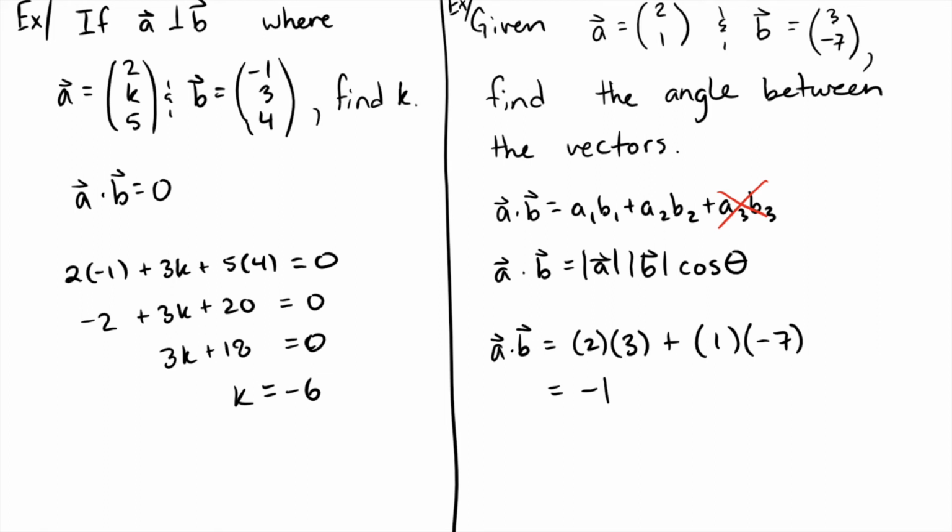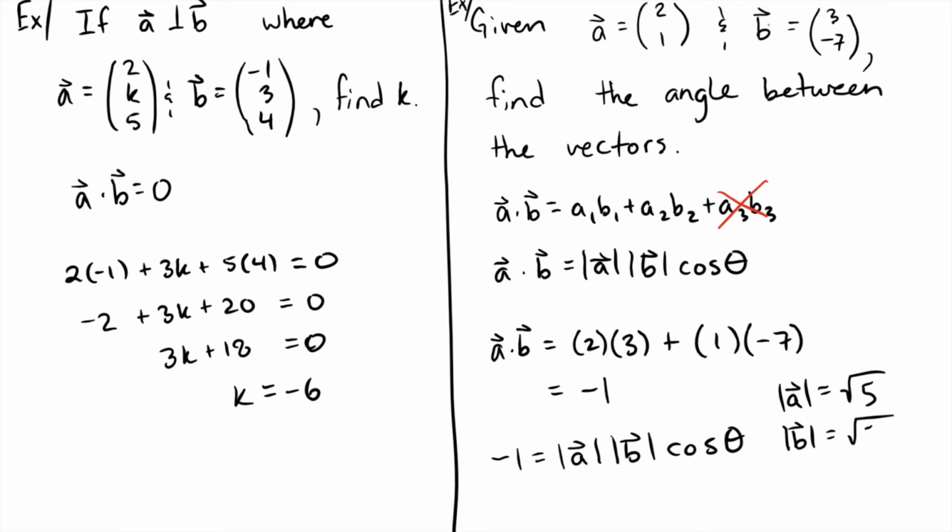So now to connect this to the equation that has the angle in it, I have to realize that I need the magnitudes of both of those vectors if I'm going to solve for an angle. The magnitude of A is equal to root 5, and the magnitude of B is equal to root 58.